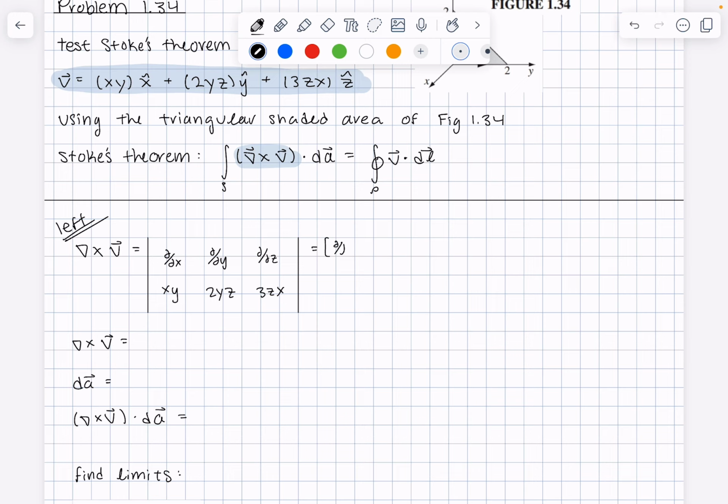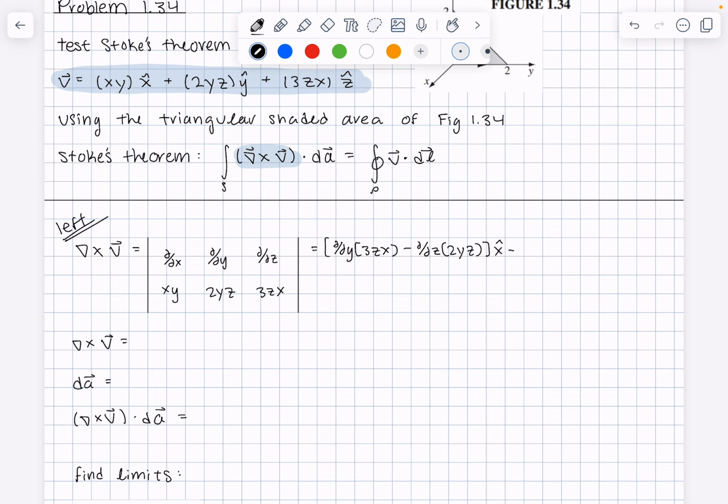And to take the cross product, first we will have in the x-hat direction, the partial with respect to y of 3zx minus the partial with respect to z of 2yz. And this is in the x-hat direction.